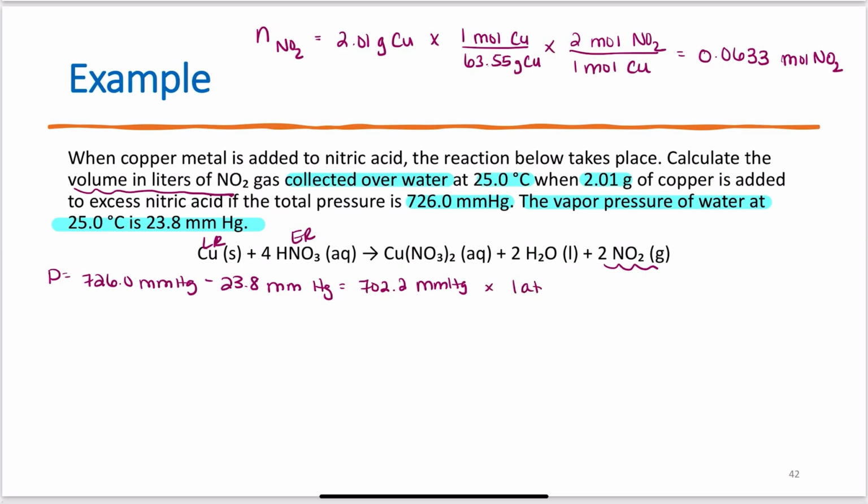Convert that to atmospheres. 0.969 atmosphere. Volume is what I'm trying to find. Number of moles I just calculated. I know my gas constant. My temperature is 25 degrees C, 25.0, so 298.2 Kelvin.